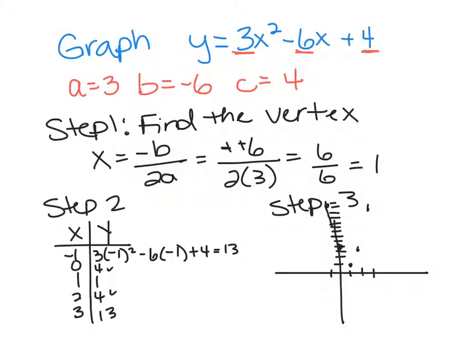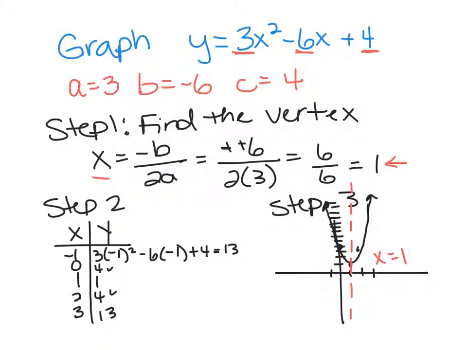So it makes this U shape, so make sure that you make it a U and not a V, and this is the parabola. Conveniently enough, a lot of times the directions will say to draw the axis of symmetry, which is exactly the same as the vertex. Remember that vertical red line is x equals 1. A vertical line has an equation of x equals, and then x equals 1.